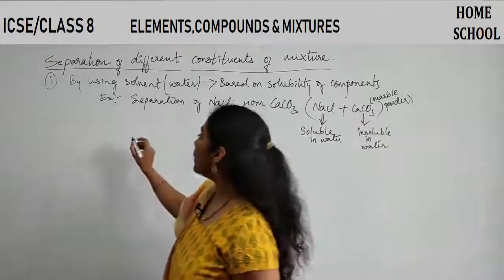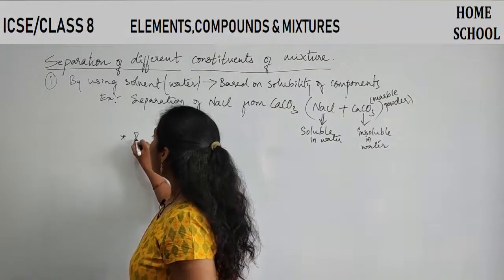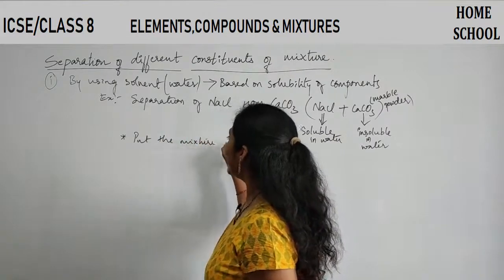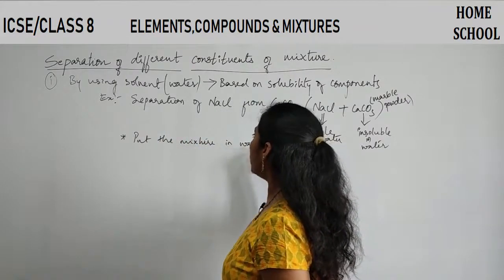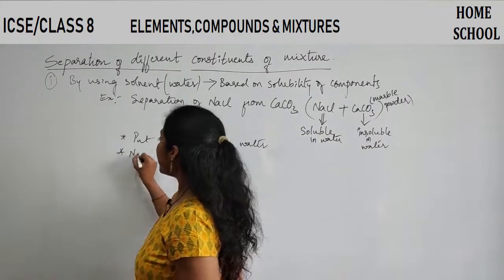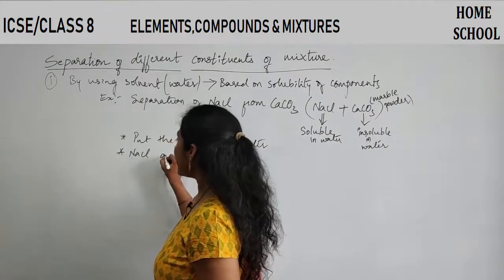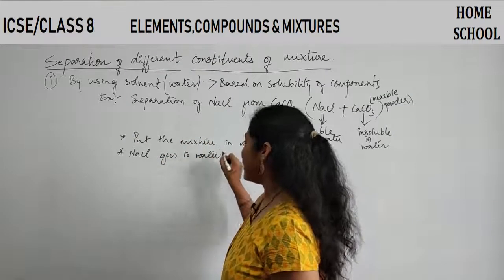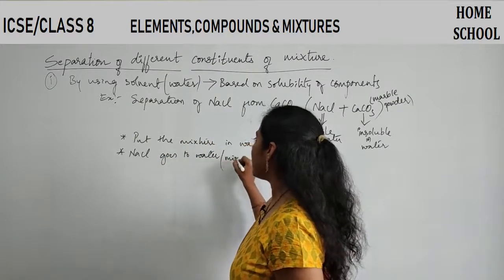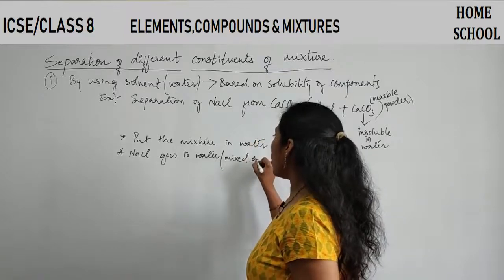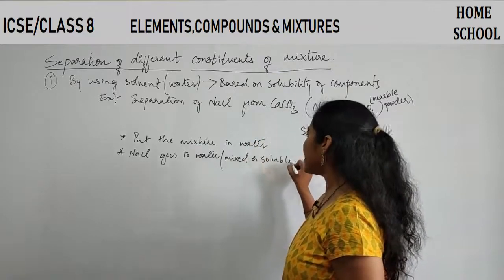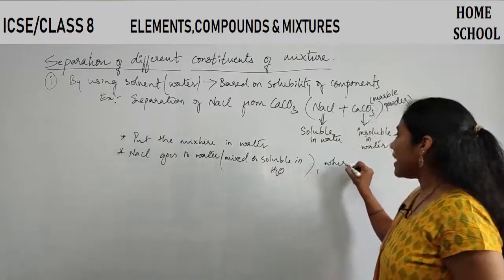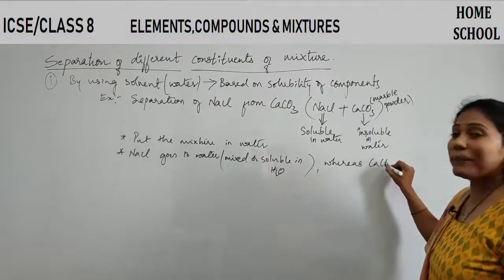So what I will do initially is put the mixture in water. In water, what happens? NaCl goes to water. That means it will get mixed up, or soluble in water, isn't it? Whereas what happens for calcium carbonate?